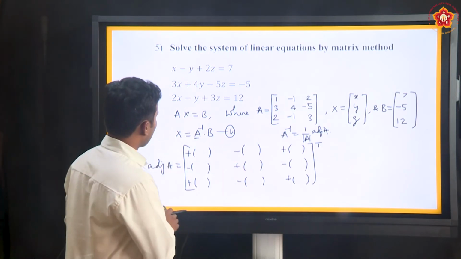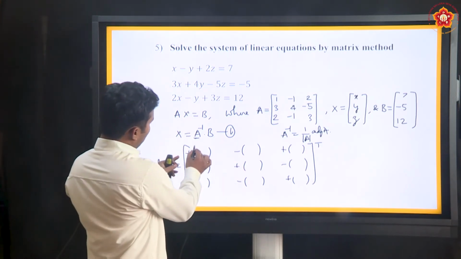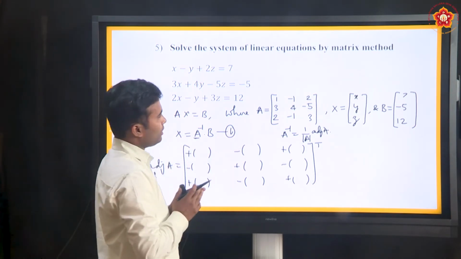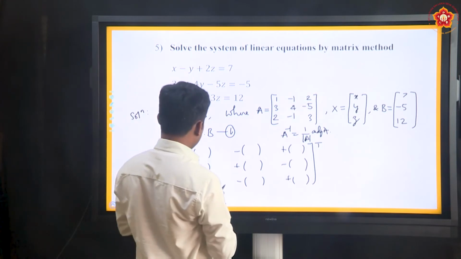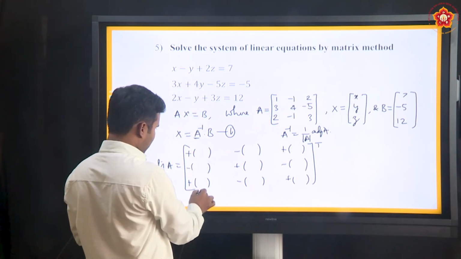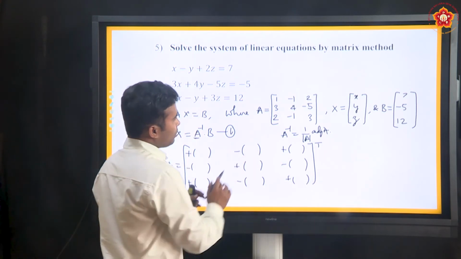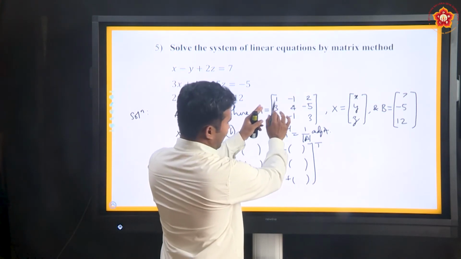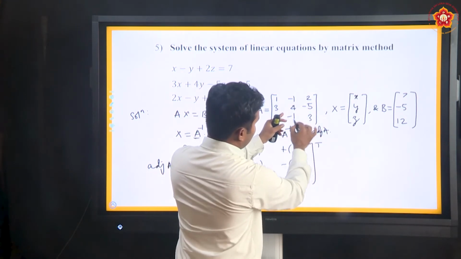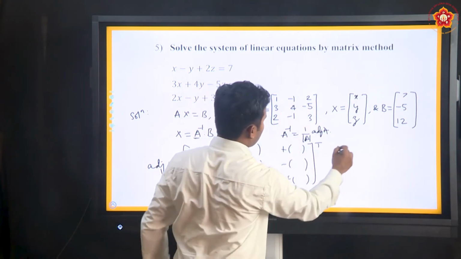Now we have to find this entry of the matrix. Where does this lie? This lies in the first row and first column. So, delete the first row and first column, and take the determinant of what remains.